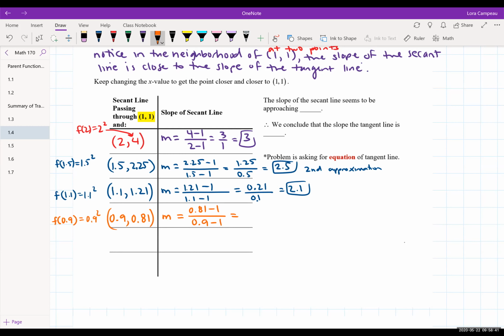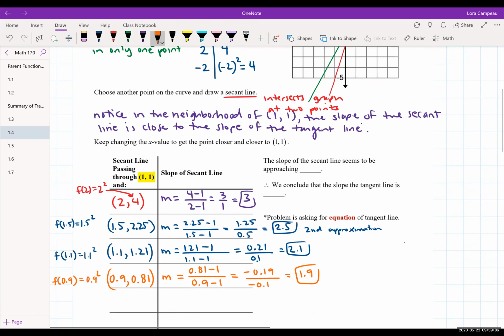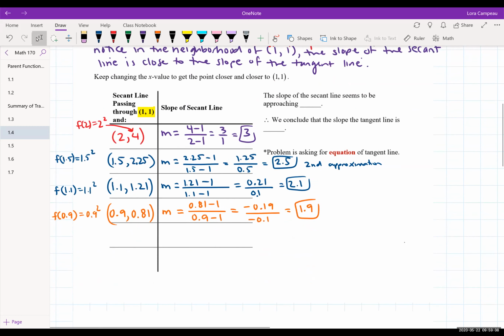And if I subtract, this time I get a negative numerator, about 0.19 over negative 0.1. And of course, if I use my calculator for the division, negative divided by negative gives me positive, and my calculator will give me 1.9. So that's looking at the slope of the line through those 2 points.